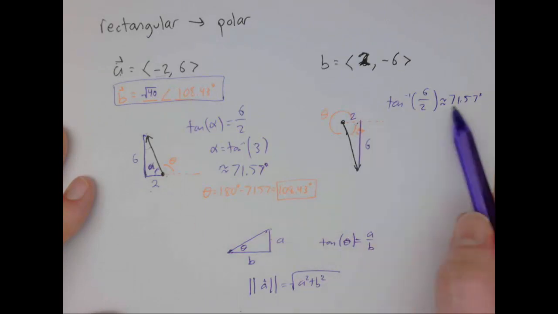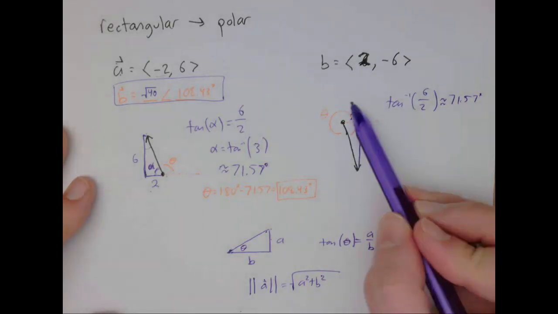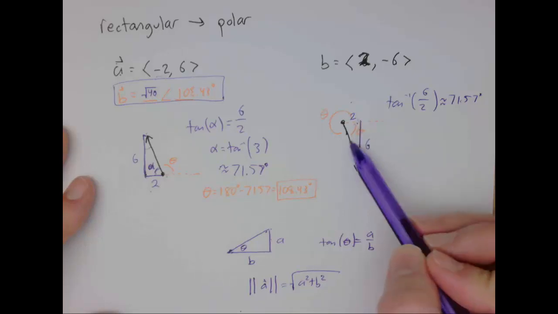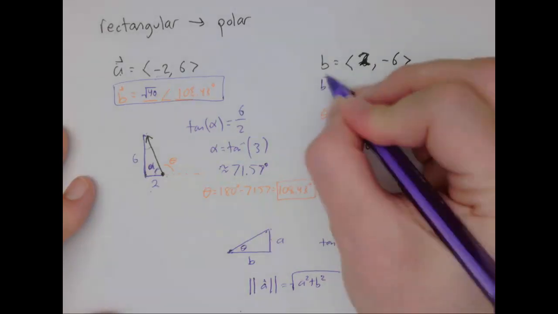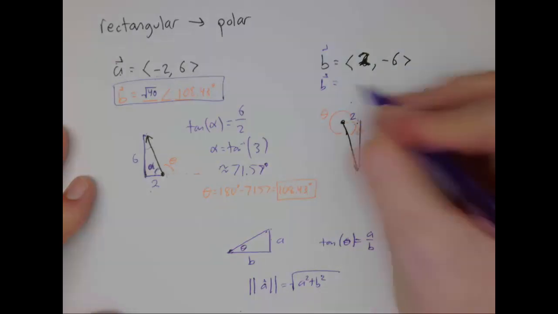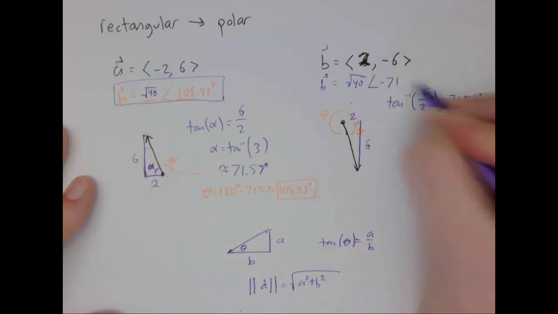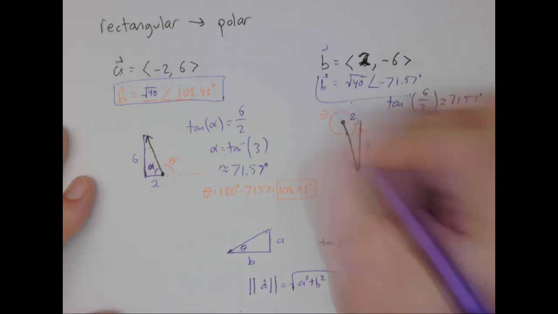So the actual angle at 71 degrees is up this direction. If I'm wrapping clockwise, that's the angle negative 71.57. So I can write my b vector here in polar form as root 40, because the length is the same, and then angle of negative 71.57. And that's it.